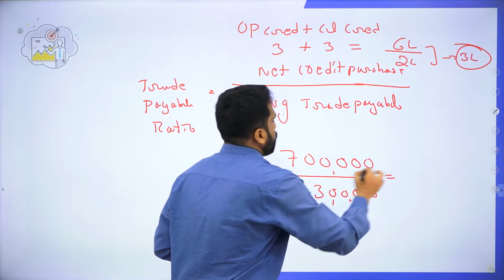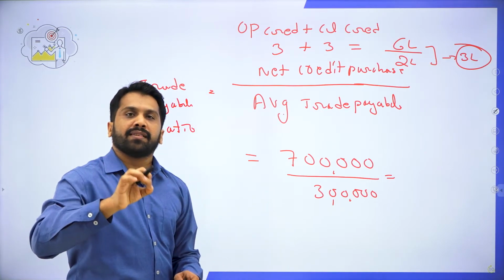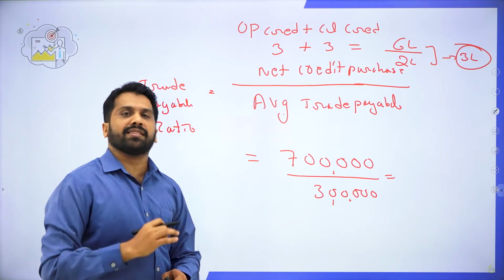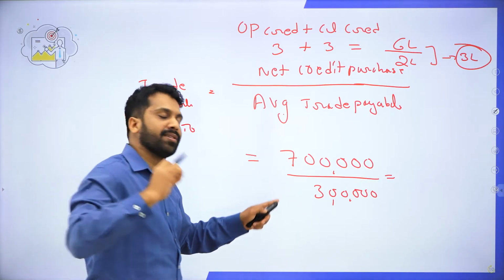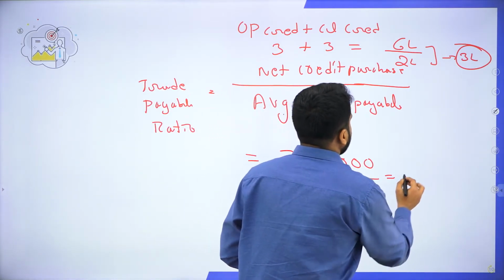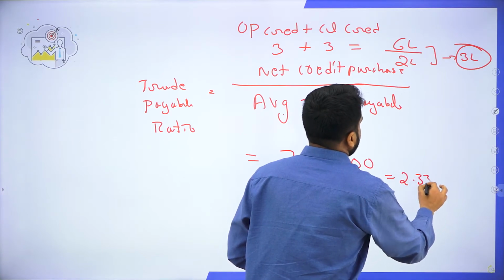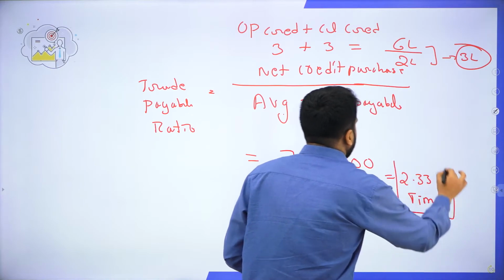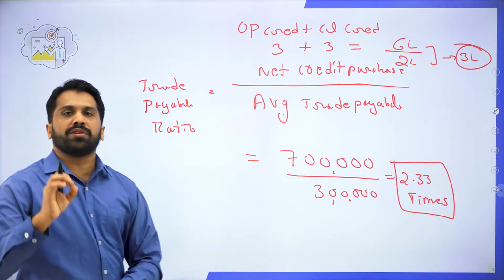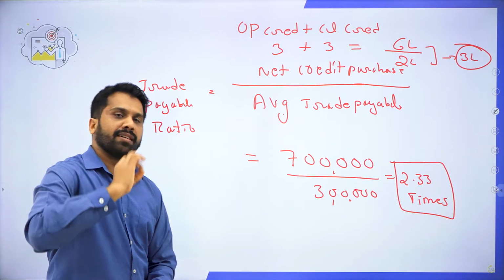So should the answer be written in ratio, in percentage, or in times? It should be in times. Why? Because this is a turnover ratio. Now your answer is 2.33 times. This is all about your profitability ratio.